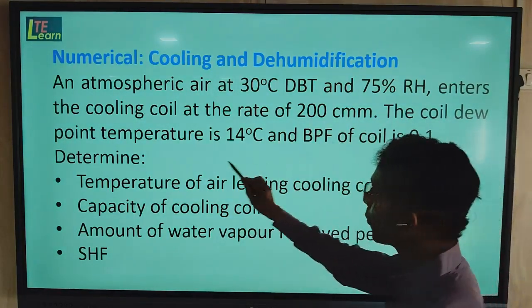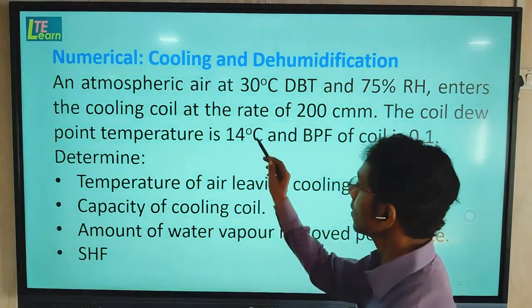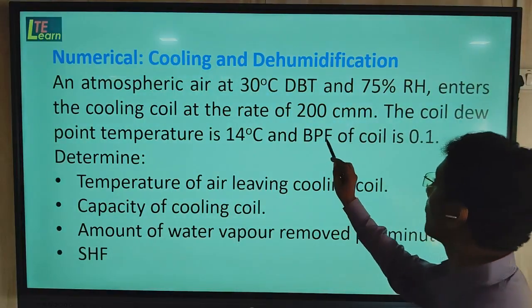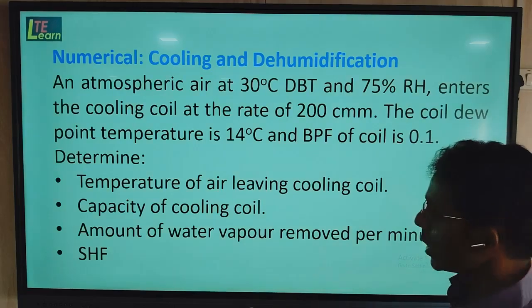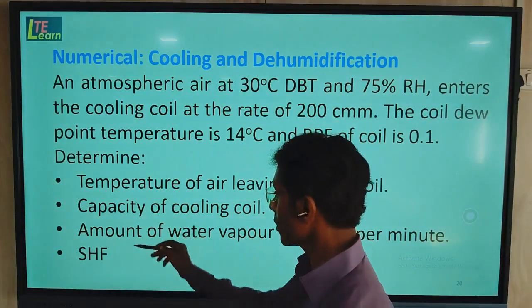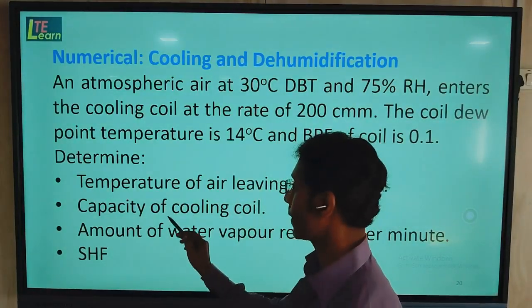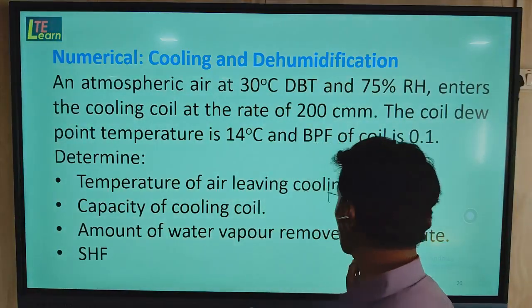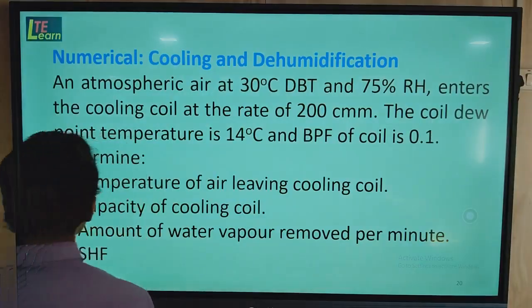The coil dew point temperature, meaning apparatus dew point of the coil, is 14 degrees Celsius, and the bypass factor of the cooling coil is 0.1. We have to determine 4 parameters: temperature of air leaving the cooling coil, capacity of the cooling coil, amount of water vapor removed per minute, and sensible heat factor.